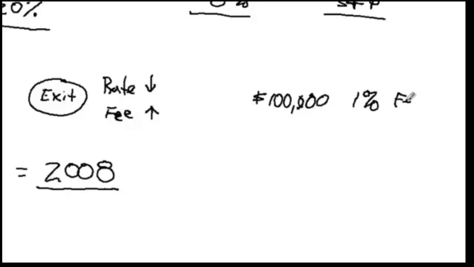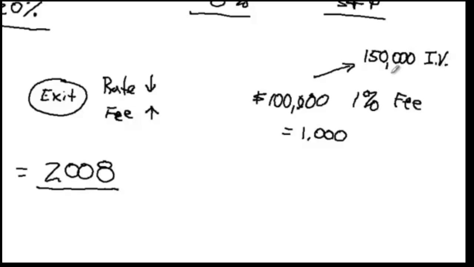They're charging a 1% fee. Well, 1% on 100,000 equals $1,000, right? Now, let's say over time that the rider value goes to 150. So this is the income value, goes to 150.